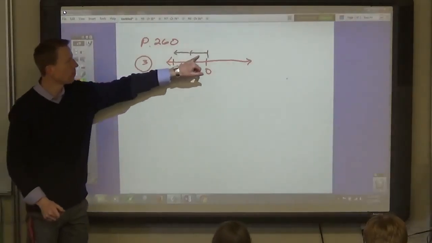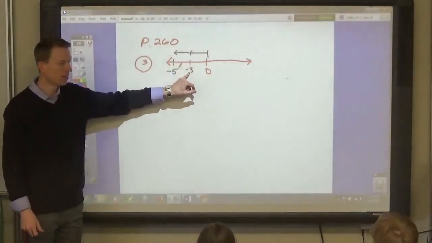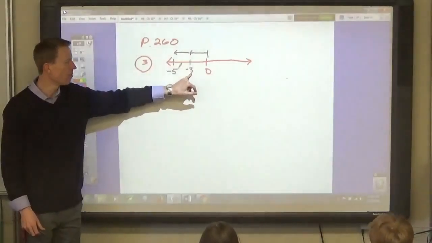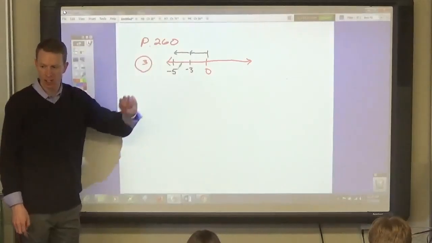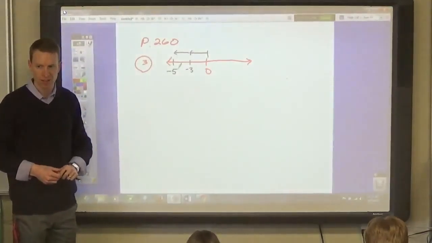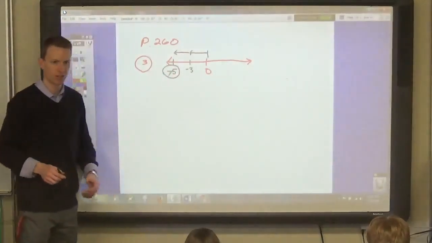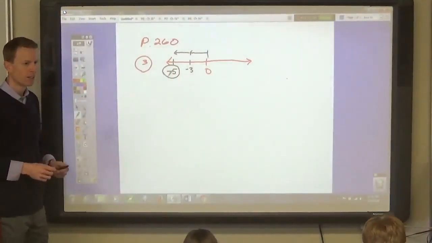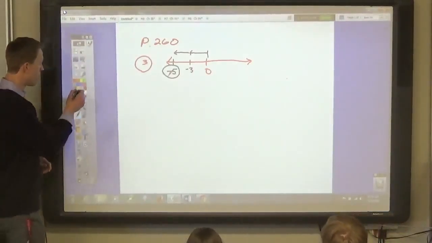So there's 2 segments. The first one goes from 0 to -3, and the second one goes from -3 to -5. What addition problem could you write? This is the answer. Wherever it ends up is the answer. So what could you write for an addition problem that this is the model for?